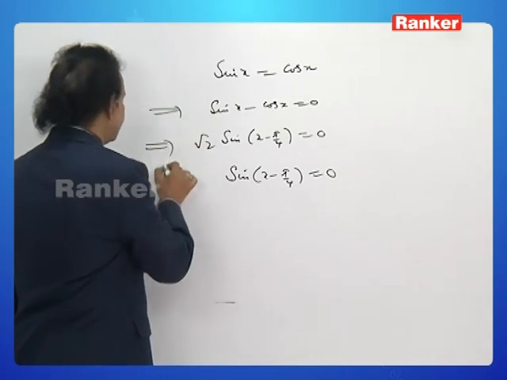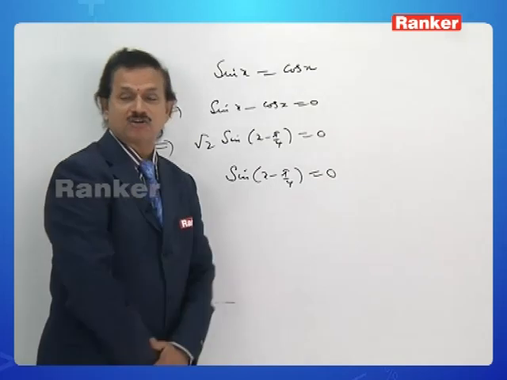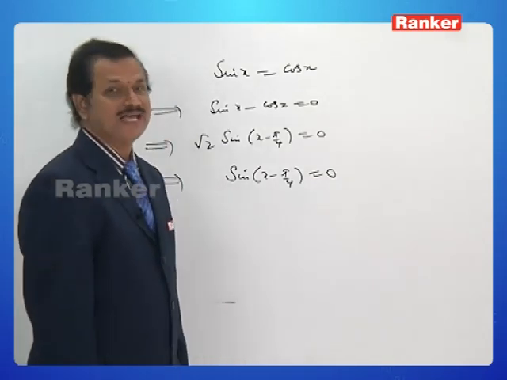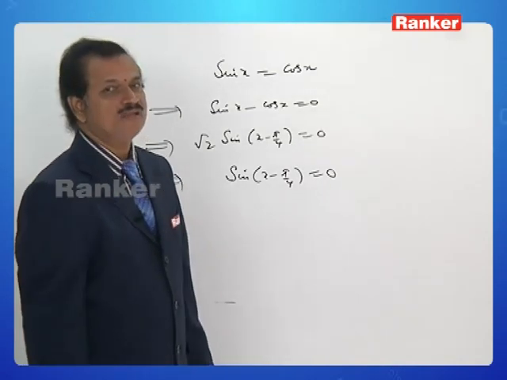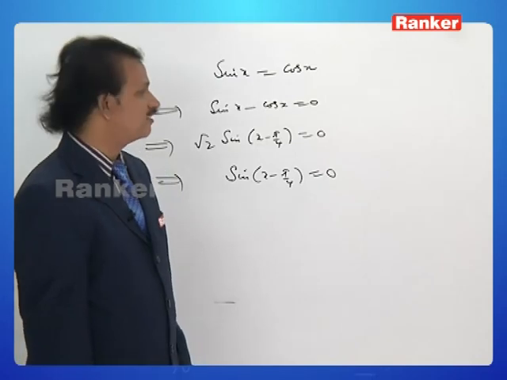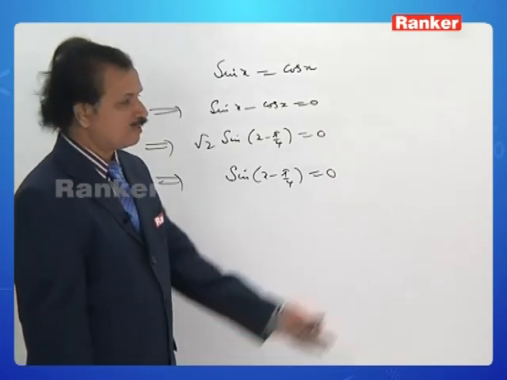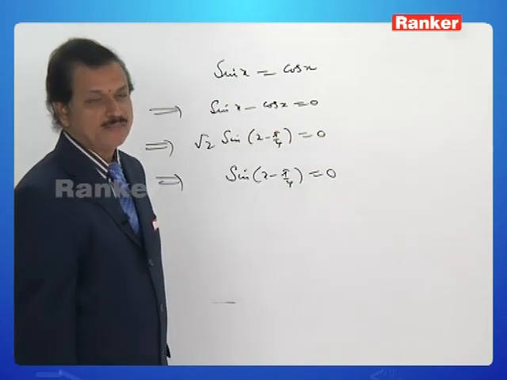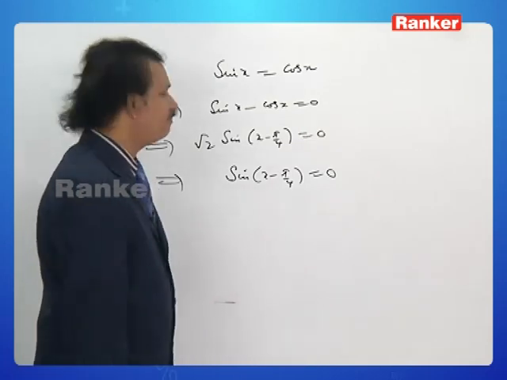While learning something about sin x, we could have drawn the graph of sin x, and from the graph itself we could have noticed that the curve meets the x-axis at regular intervals of pi: 0, pi, 2 pi, 3 pi, 4 pi, and so on to the positive side, minus pi, minus 2 pi, etc. to the negative side. Therefore, sin theta is equal to 0 implies theta is equal to n pi.